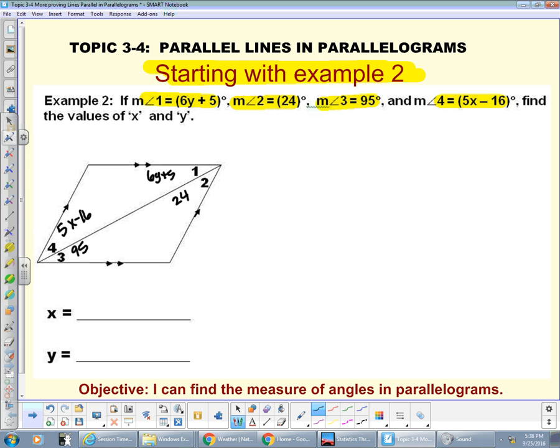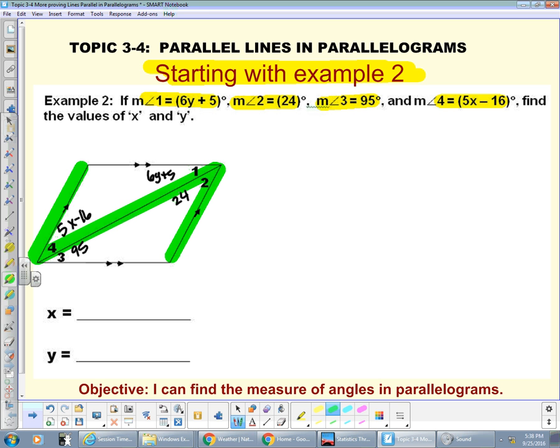What I would recommend is let's do this set of parallel lines because it has one arrow. So I know that those 2 lines are parallel to each other. Let's trace the transversal. And what I recognize is that that's a Z. And so angle 2 will be congruent to angle 4 because they are alternate interior angles.